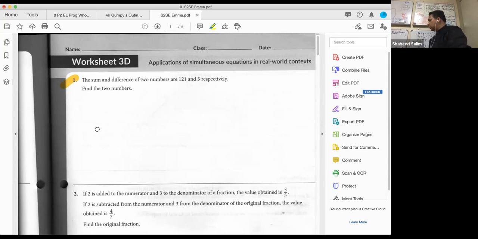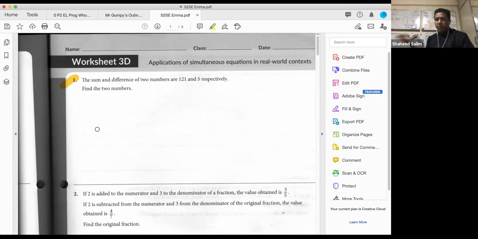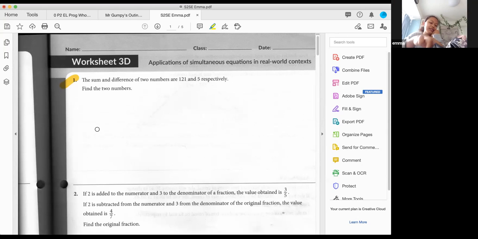This is exercise 3D, page 51. You have done question 1, right? Did you complete it? I don't think I completed it.